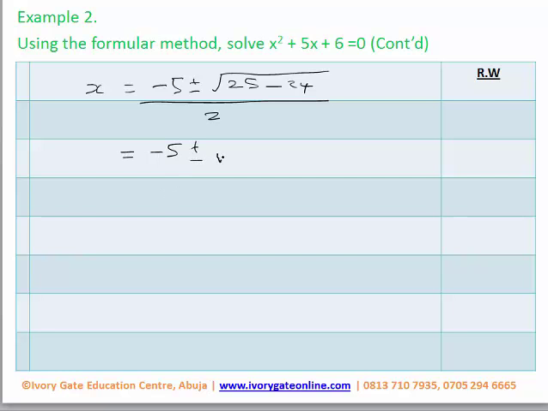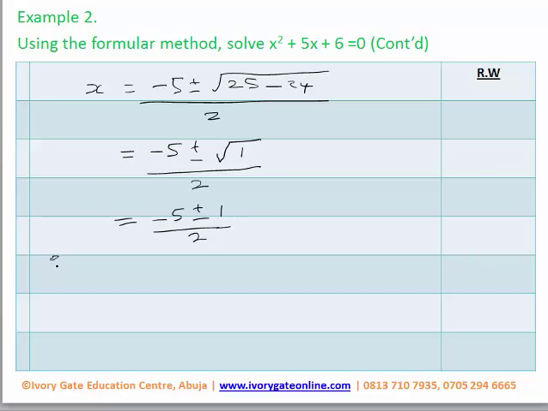Solving what is inside the bracket, the discriminant, we have 25 minus 24, which is 1, so minus 5 plus or minus square root of 1, which is 1, all over 2.